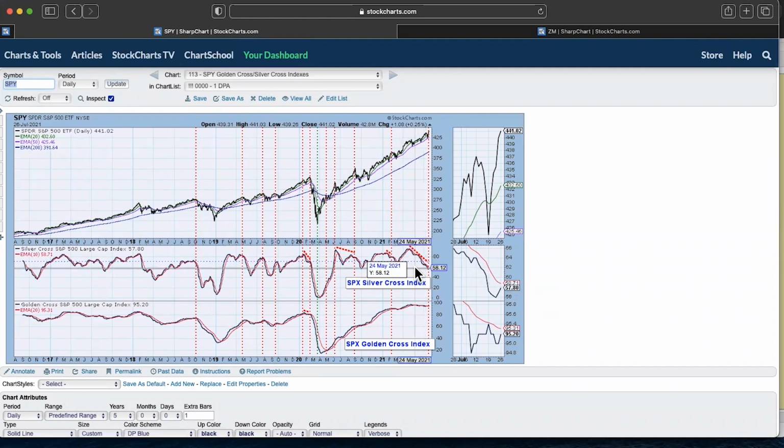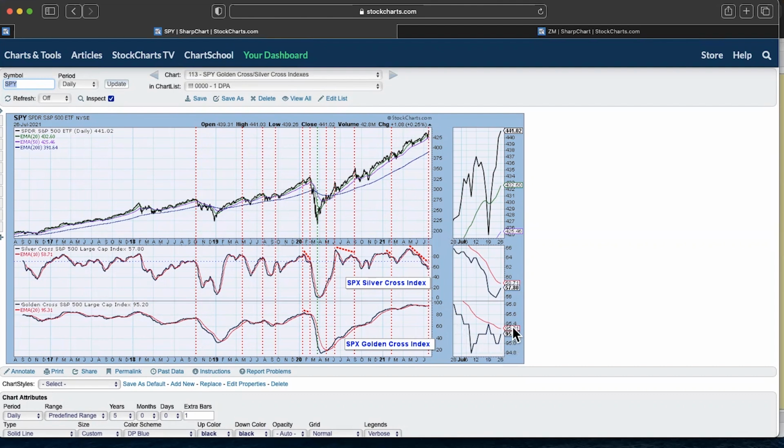Our Silver Cross Index measures how many stocks within that index or sector, depending on what we're looking at, have their 20-day EMA above their 50-day EMA. And that gives us a sense of market participation. The Golden Cross Index tells us how many in the S&P have their 50-day EMA above their 200-day EMA, or they're on a golden cross.